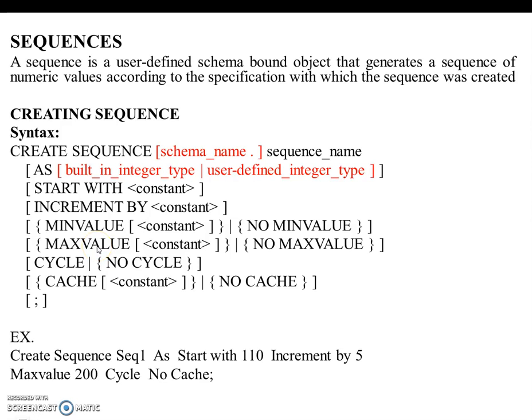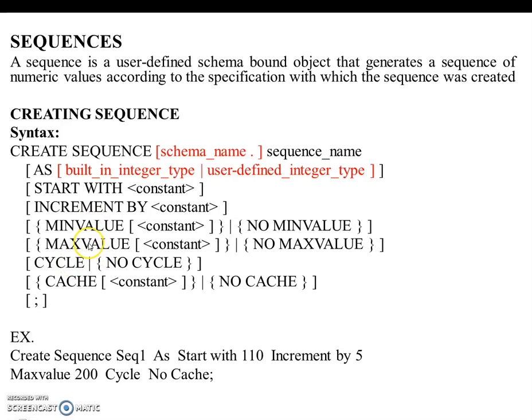When I have set the max value, that sequence will start with the starting value and it will reach up to the max value. But what will happen after the max value is defined here using the cycle and no cycle statements. If I keep a cycle statement, that means when I start with the start value and it reaches the max value, cycle will again start your sequence.